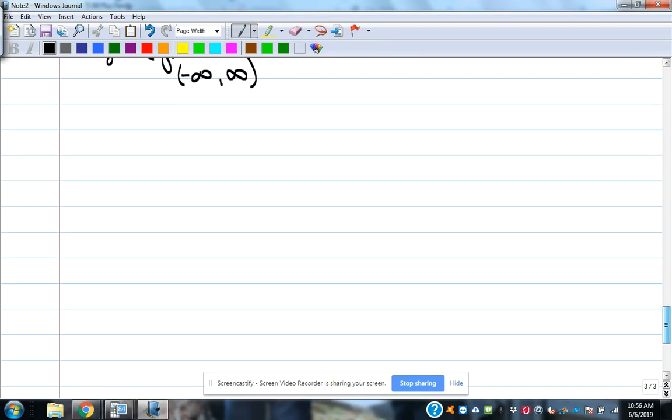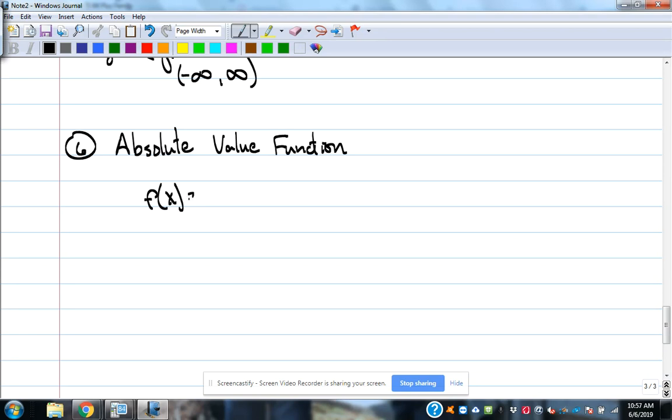And the sixth one, last one in this particular section, is the absolute value function. And this one kind of came up in one of the labs where you were having to fill in the table and draw the graph for that. The absolute value function, f of x is equal to, and it's got these straight up and down bars.